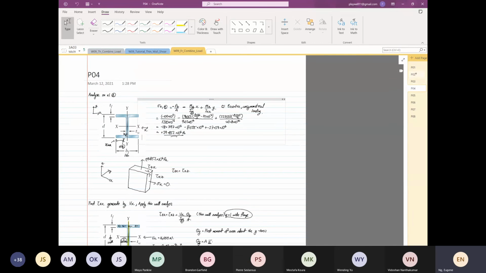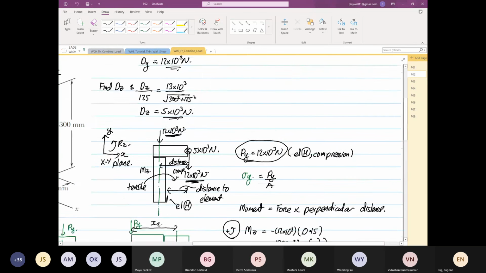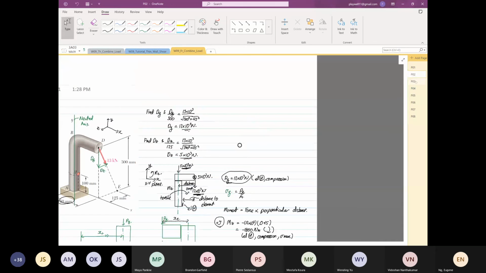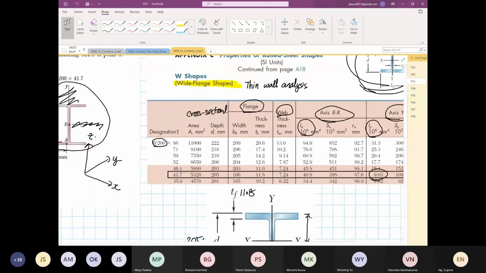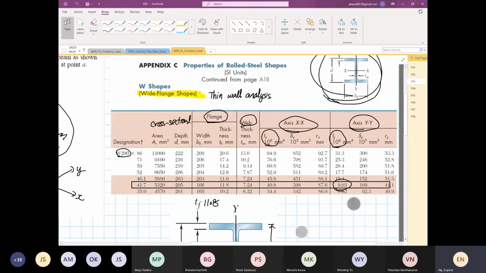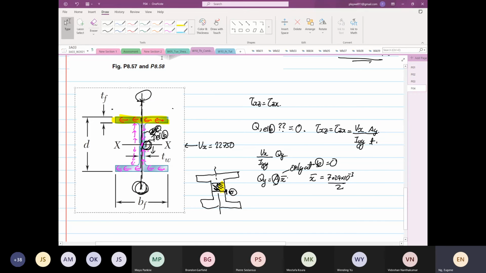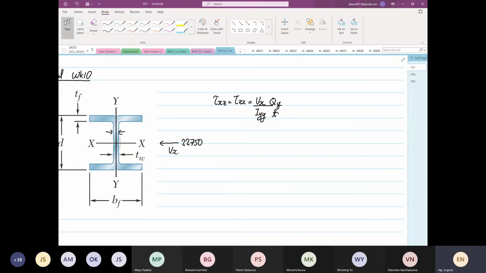So the thickness of the web is 7.24. So the thickness we know is equal to 7.24 times 10 to the power minus 3.